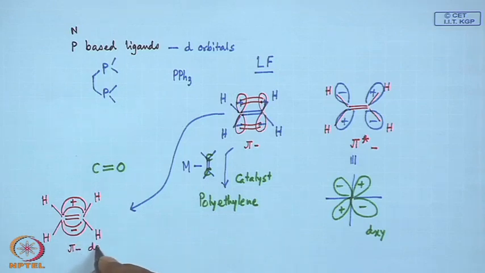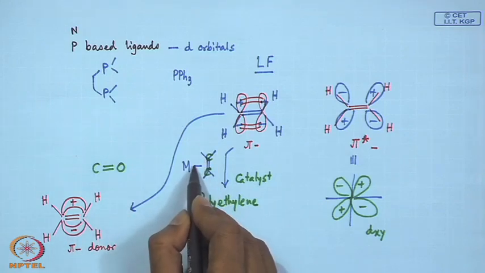If our ligand is a pi donor ligand, that means ethylene now can function as a pi donor ligand.